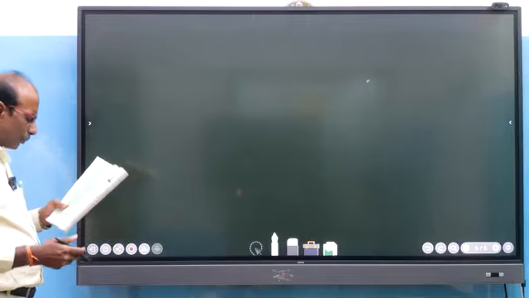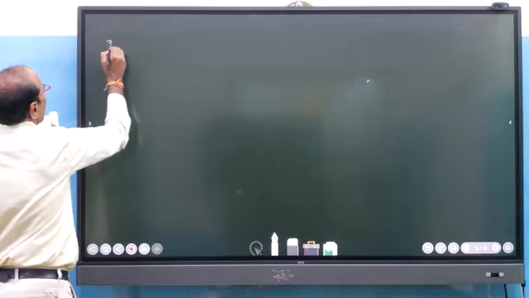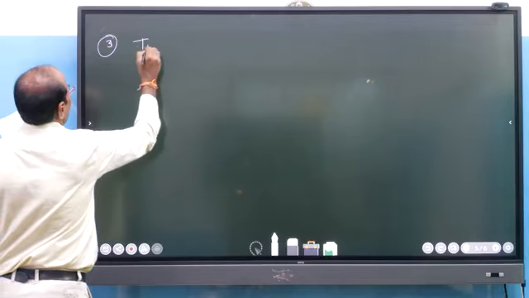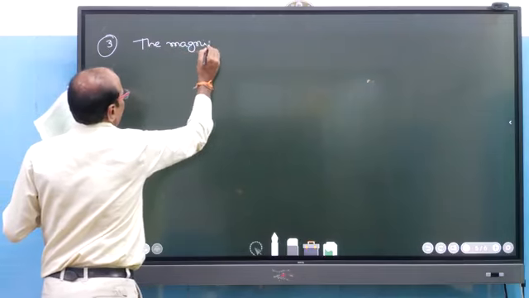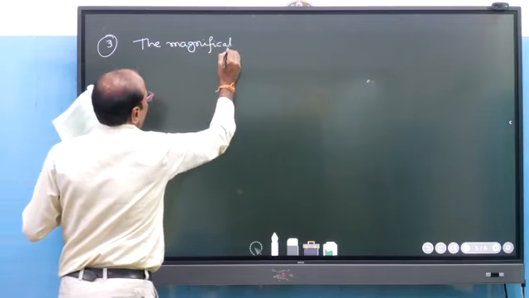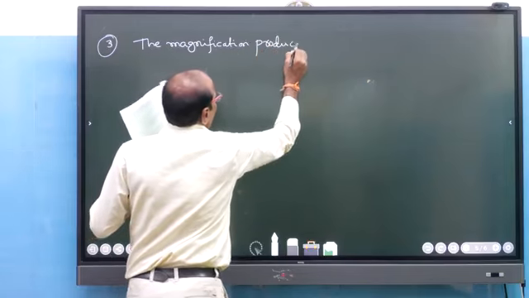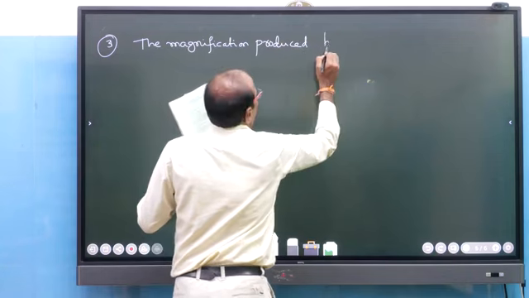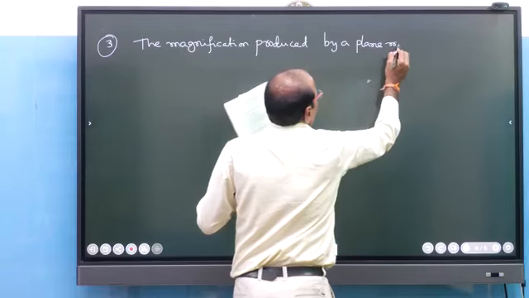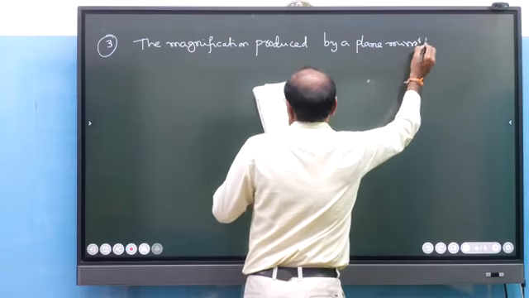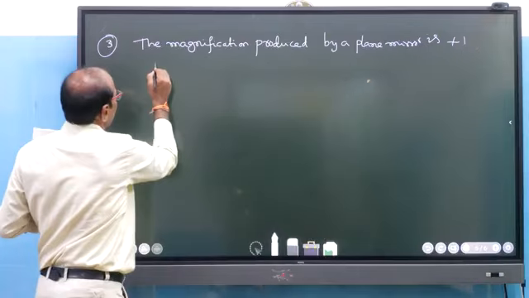The magnification produced by a plane mirror is plus 1.